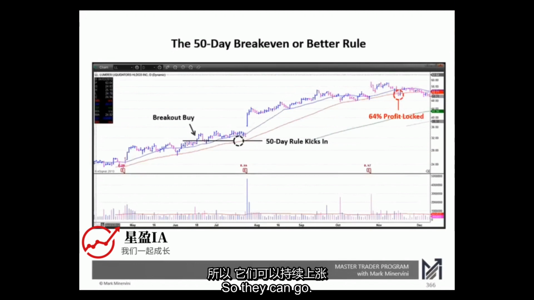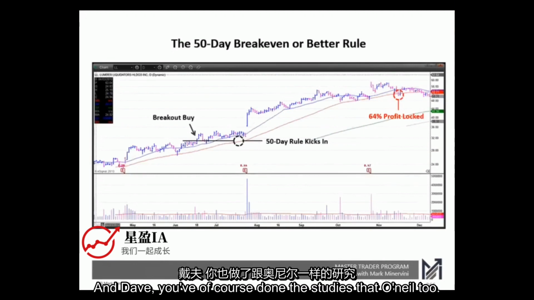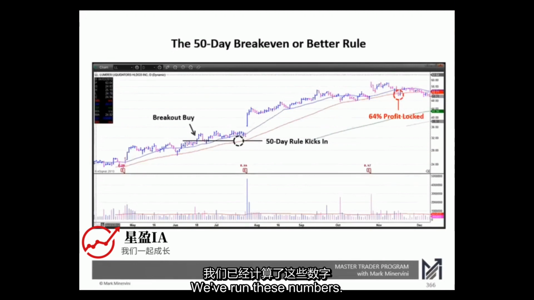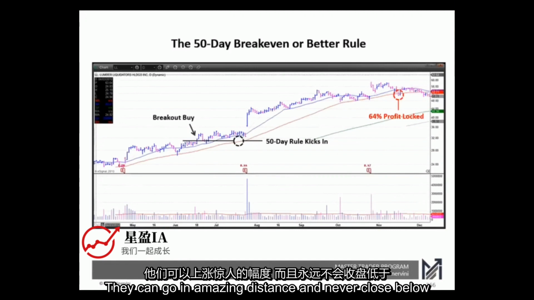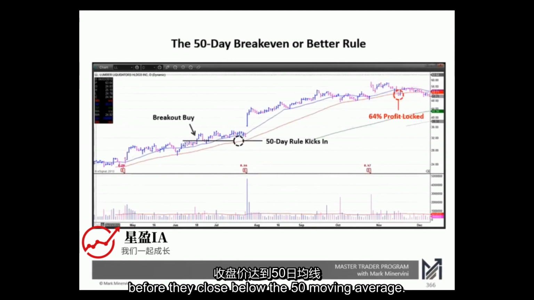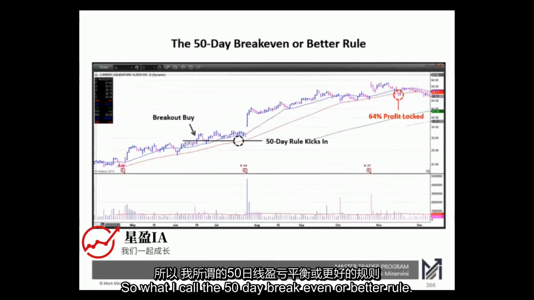So they can go, and Dave, you've of course done the studies at O'Neill too. We've run these numbers. They can go an amazing distance and never close below the 50-day moving average. So what I call the 50-day break-even or better rule.